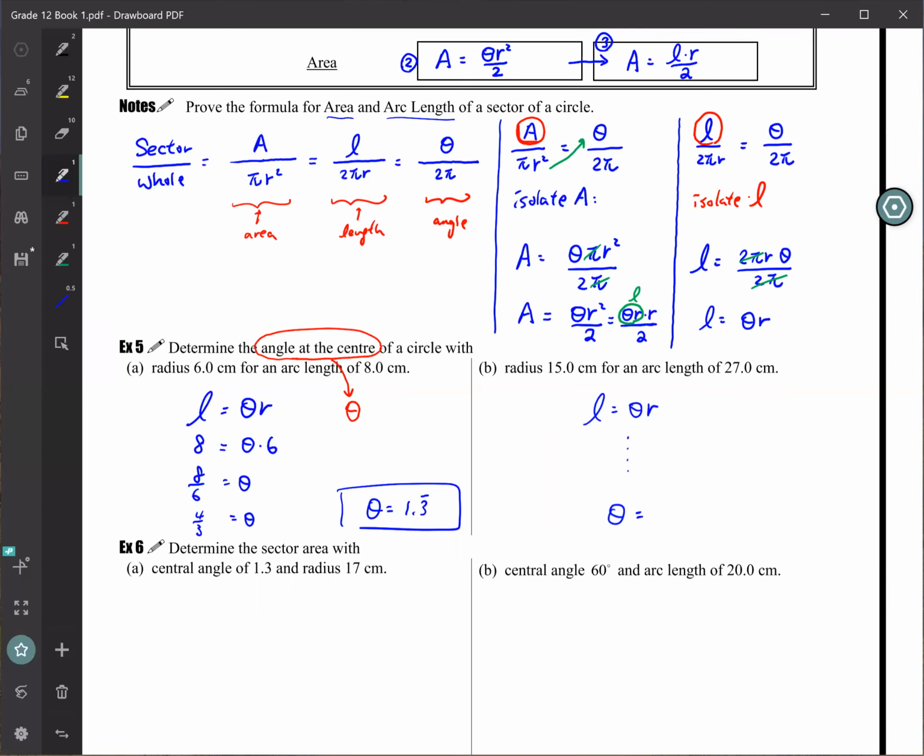So the only thinking part required is just to choose the formula, right? And you only have 3 choices. And then the rest of it is just plugging in.